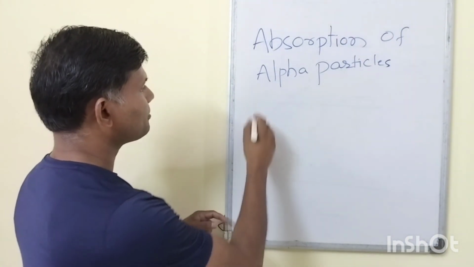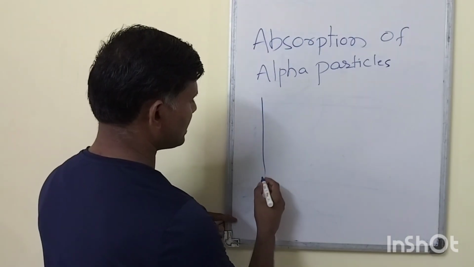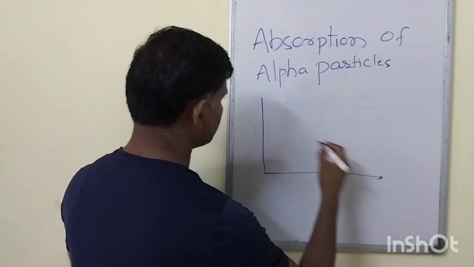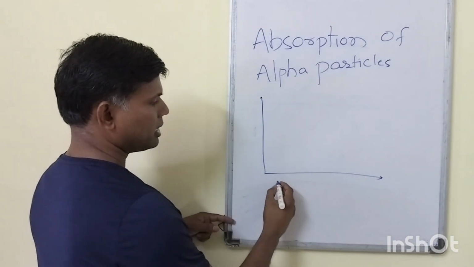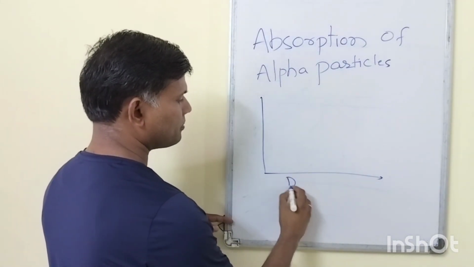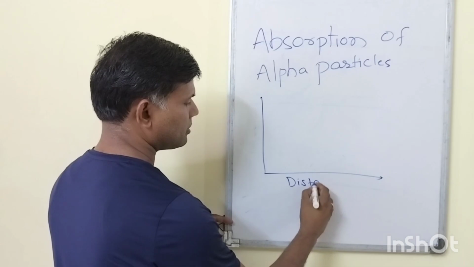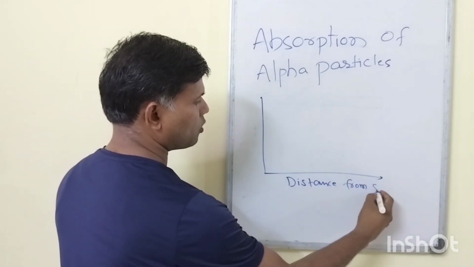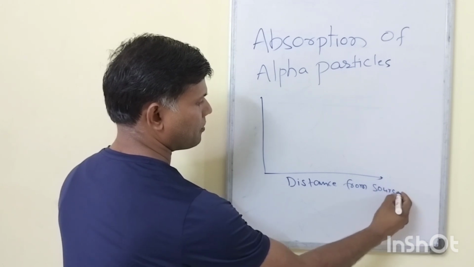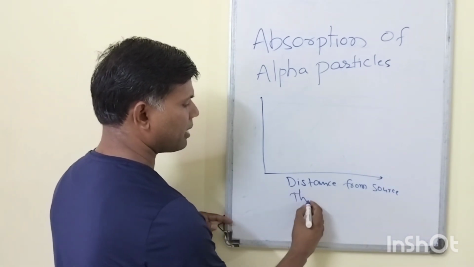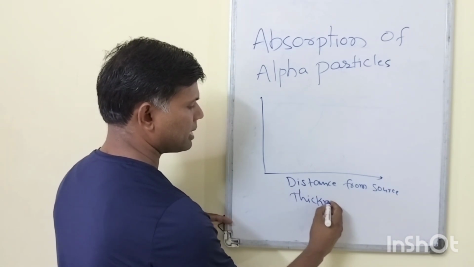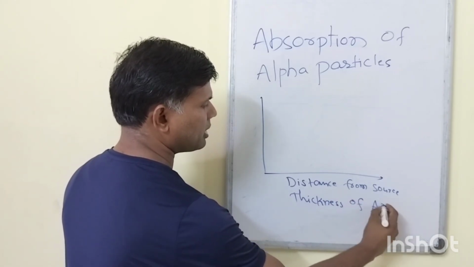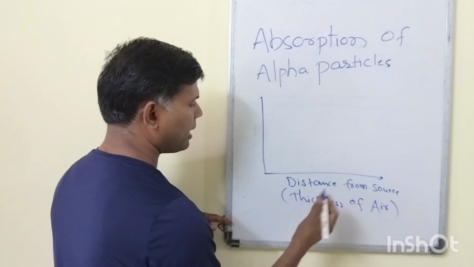You see here, this is the x-axis, this is the y-axis. I am taking distance from the source, or thickness of air, because I am doing this experiment in the air.